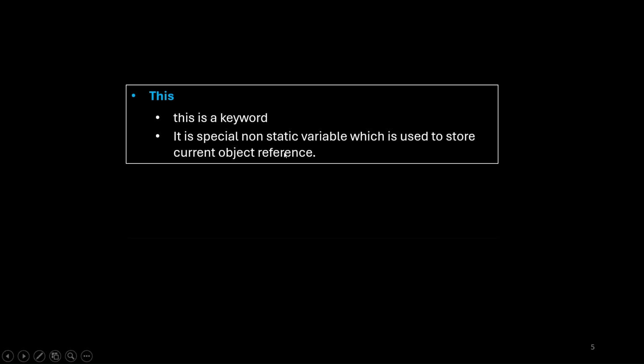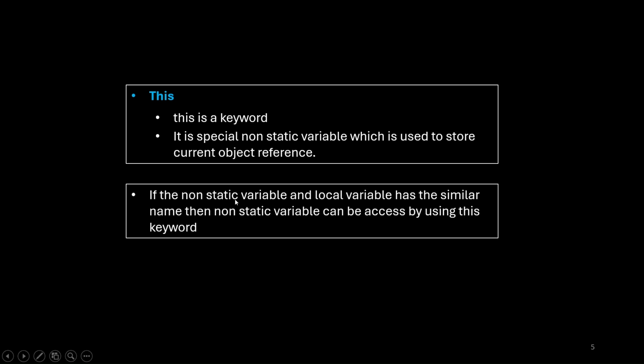Also, we have one more point: if a non-static variable and a local variable have the same name, then the non-static variable can be accessed by using the this keyword.